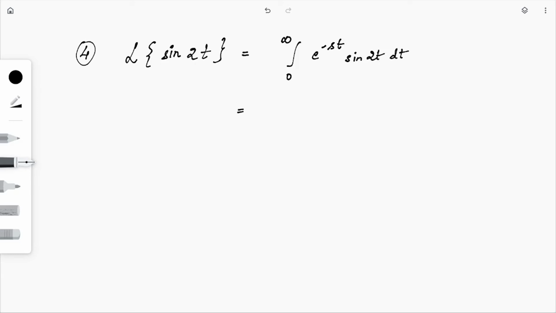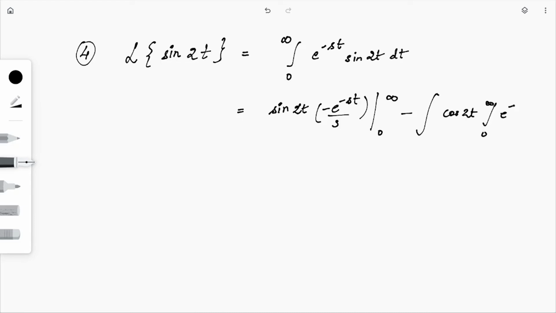So by integration by parts, this is my first function, this is my second function. So first one is sine 2t into integral of e raised to minus st. What is it? It is again minus e raised to minus st by s, okay, minus of integral of derivative of sine 2t, which is 2 cos 2t, into the integral of e raised to minus st dt.